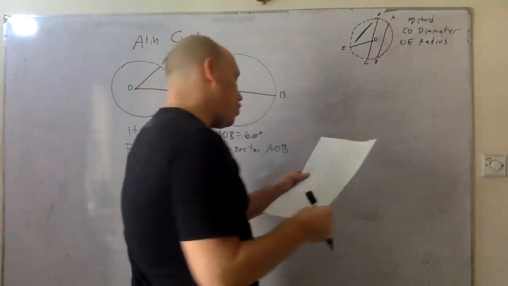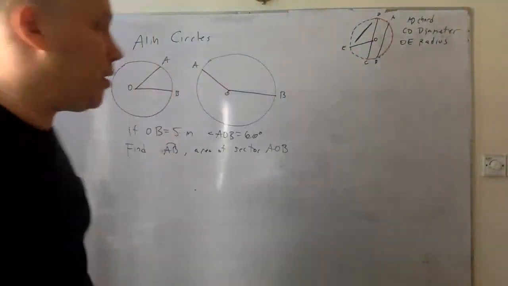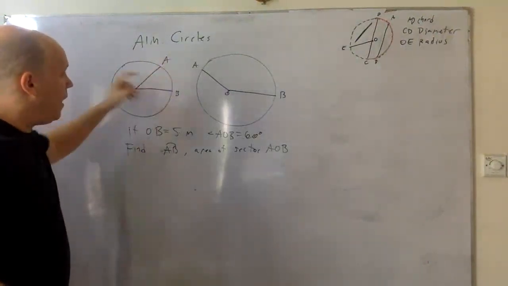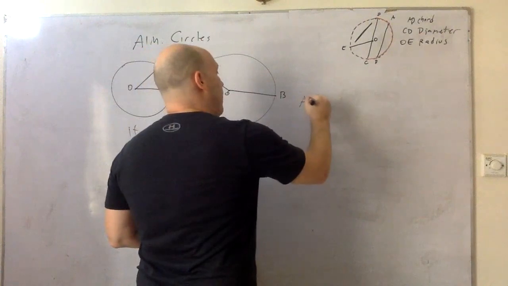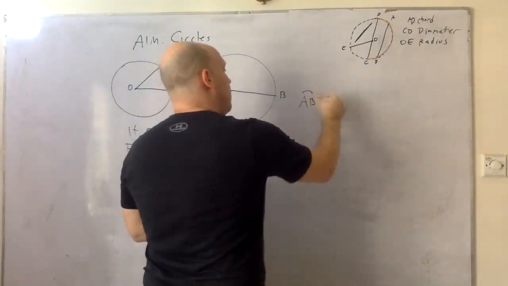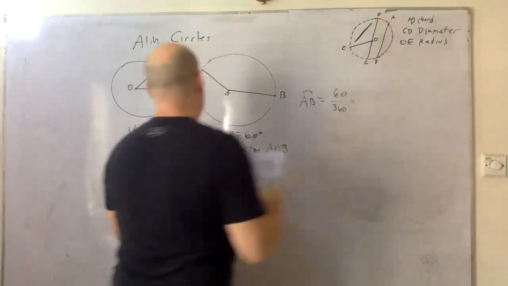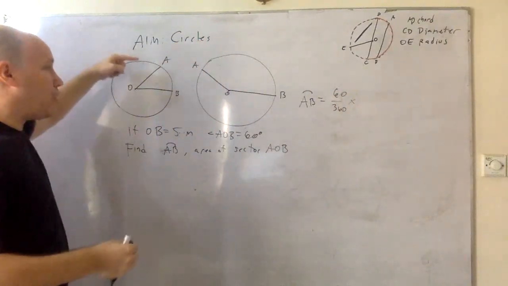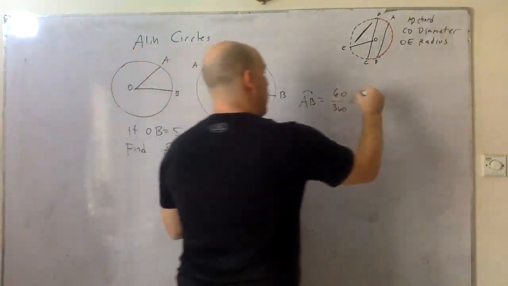The idea is that arc AB is part of the whole. So arc AB is equal to 60 over 360 times, I don't want the whole circumference, I just want that part of the circumference, so it's 2 pi r.